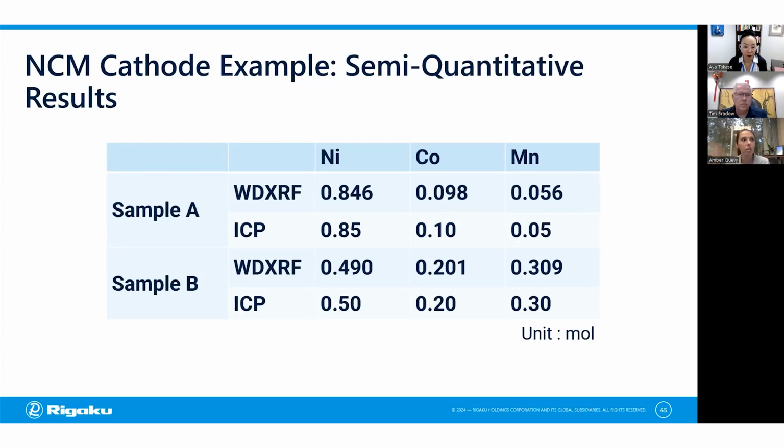And you can see that the ICP and WD-XRF results coincide really nicely. I mean, 0.85 nickel versus 0.846 nickel. The ratios are almost exactly the same. So it's a good option in the case of these types of materials. If you don't have standards, factory calibration may do just fine. So this, again, is an example of aiding in that mixing ratio to make sure that our NCM ratios are to be expected.